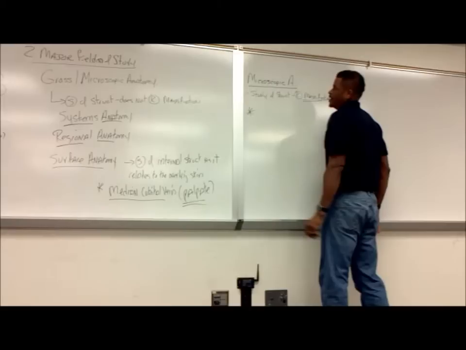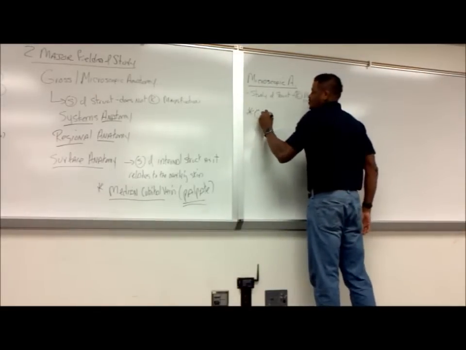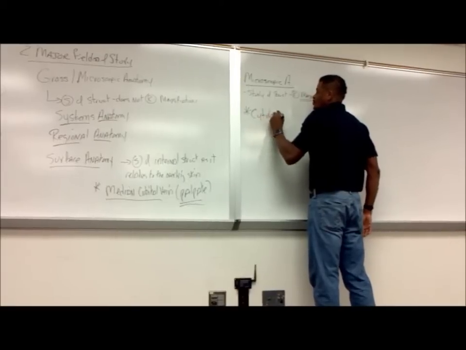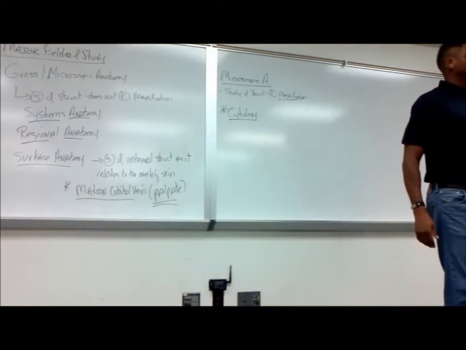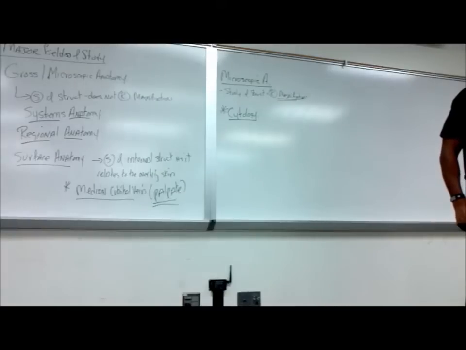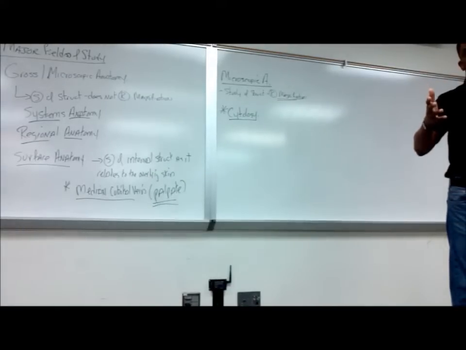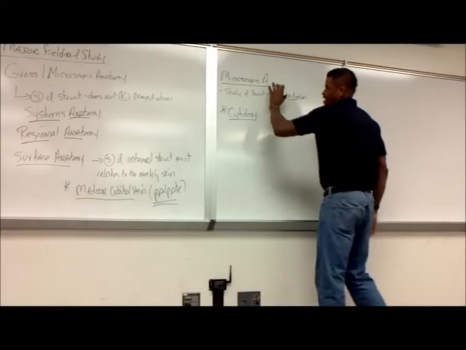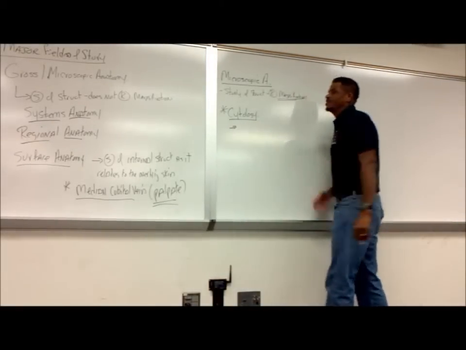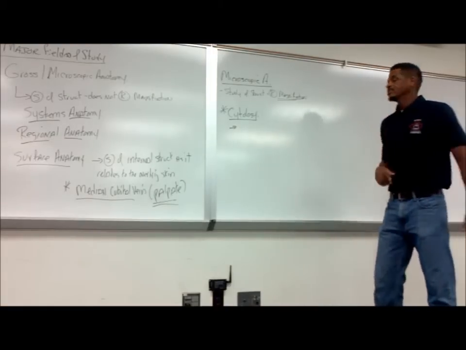We have cytology. Heidi, what is cytology? Study of cells. Is that right or wrong? Study of the internal structure of cells. Key word here, we're talking about anatomy. So cytology is the study of the structure of cells.